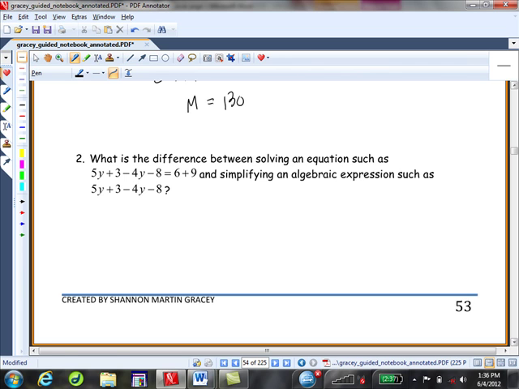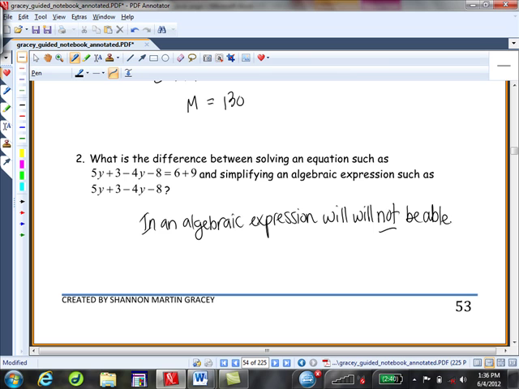Good. One way to answer this, or to think about this, is in an algebraic expression, we will not be able to solve for the variable. You could simplify, but you won't be able to solve.